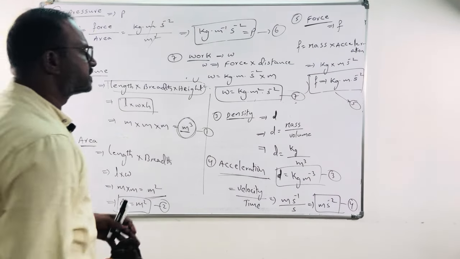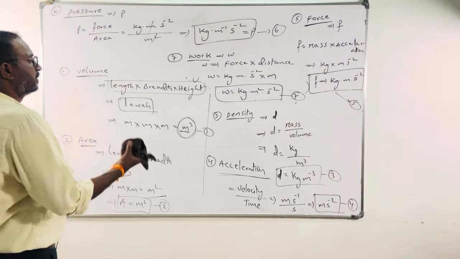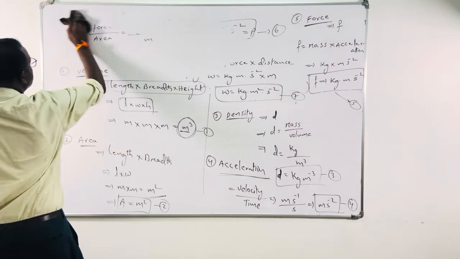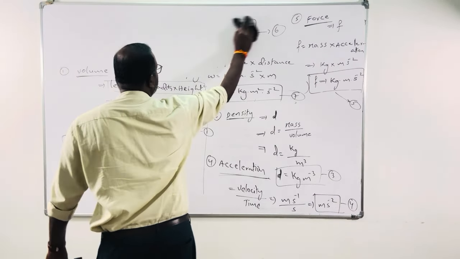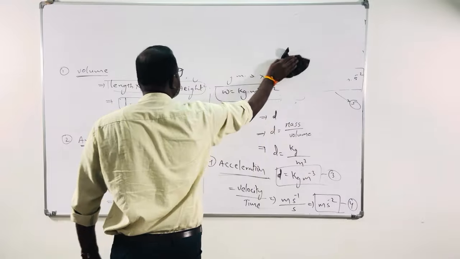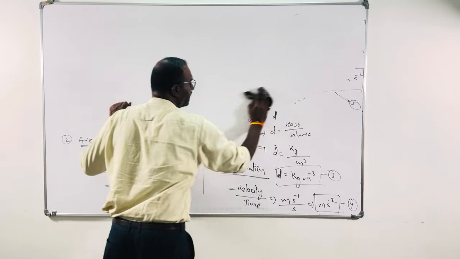Conversion of units also we can say. If you require this one, you can write it by pausing the video. Now let me see the conversion of these units. Conversion means other units into SI units, and SI units into other units. This is very important.